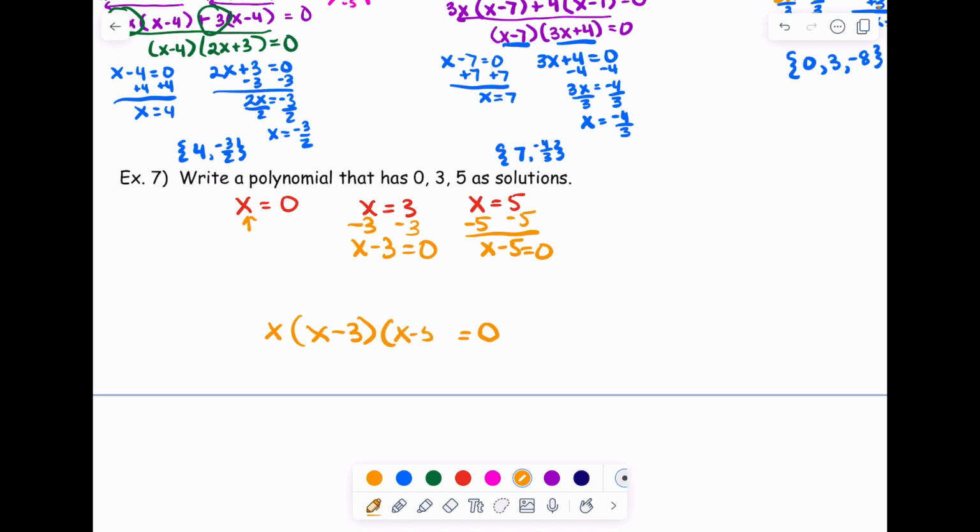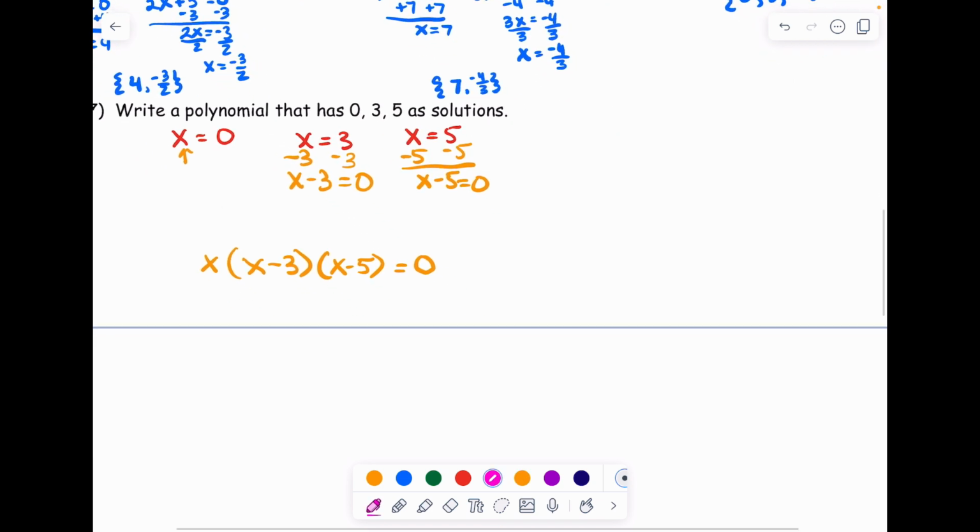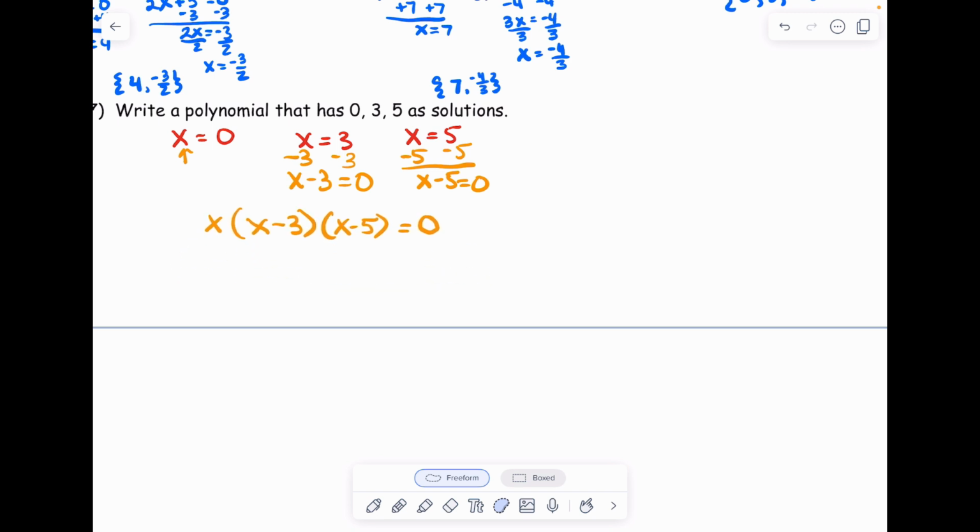Well, we still don't have a polynomial. We do have the factors, but we don't have a polynomial. So what we can do now is multiply these together. Let's move this up a little. I didn't need as much room. We can do it either way, but I'm going to go ahead and multiply these two first and get x squared minus 5x minus 3x plus 15.